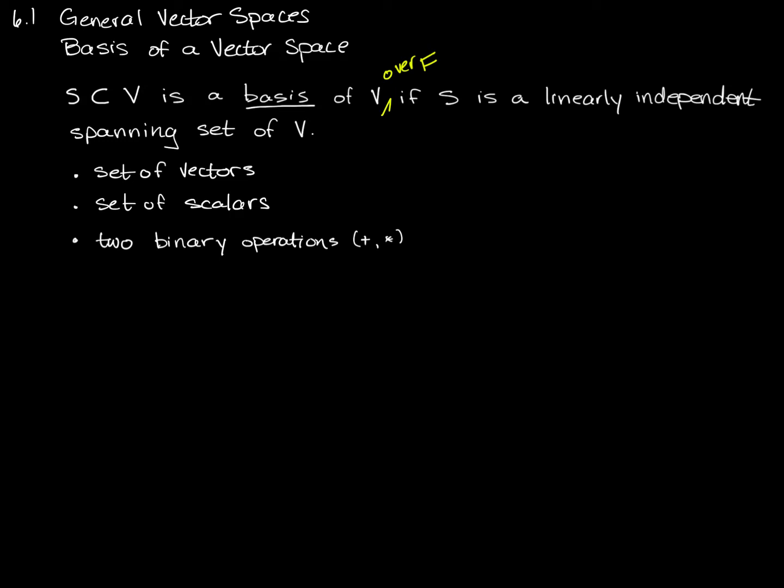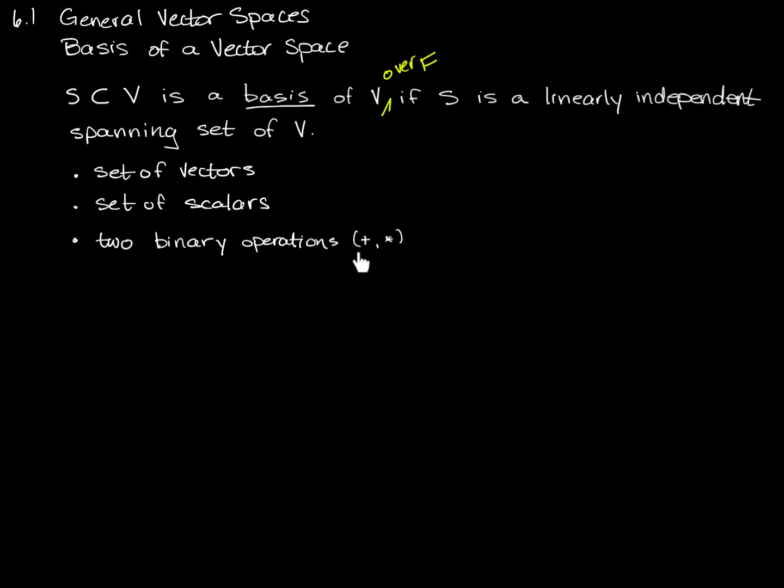In the definition I have up here for basis, V is the set of vectors. The set of scalars is my field, so that might be R, or it might be V itself, depending on the context or how much information you're given.